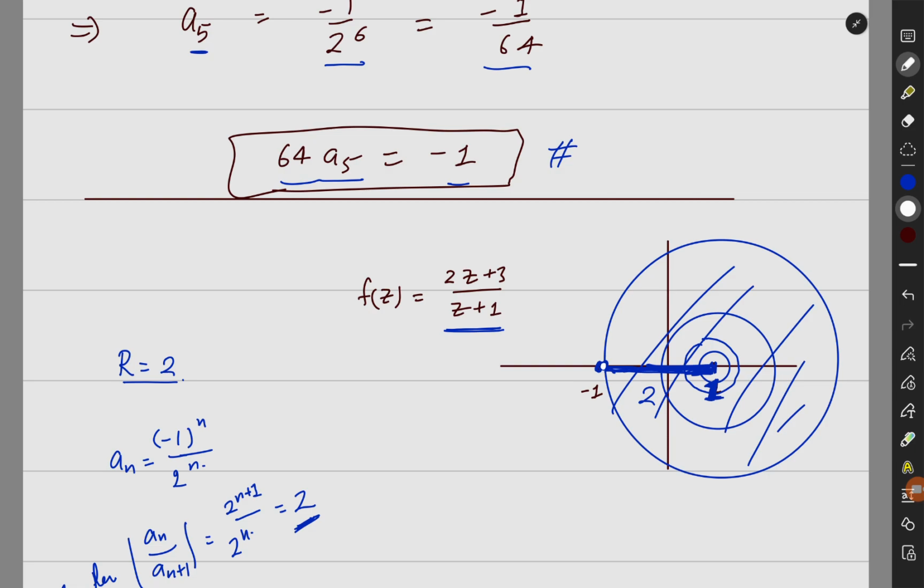You will learn about singularities of an analytic function later. Right now we just see that inside this disk, starting from minus 1 to 1, the length is equal to 2.